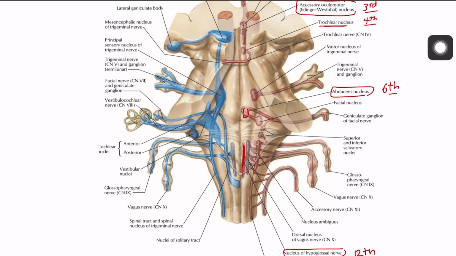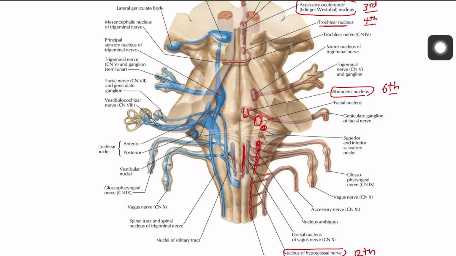Okay, on the lateral surface, it's all the other nerves. So you have here, obviously, the salivary nuclei, which is going to the facial nerve. So this is the facial nerve in here, part of the salivary nucleus as well, and the glossopharyngeal nerve from the nucleus ambiguus. So you have the glossopharyngeal nerve in there, and you have the vagus nerve as well, all this area, and the accessory nerve, 11.